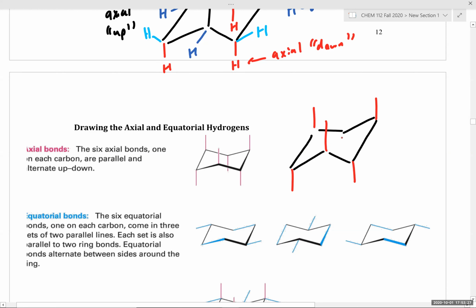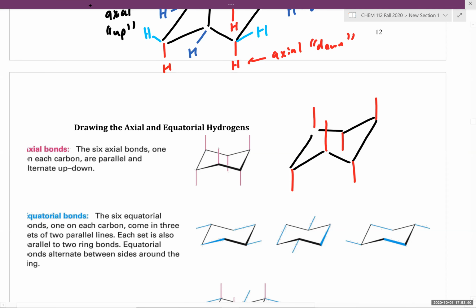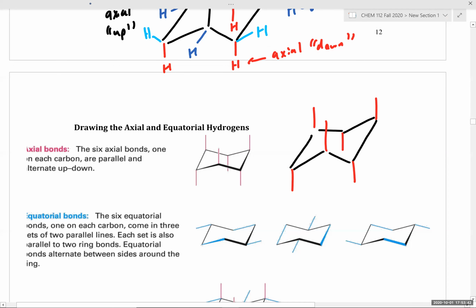And we alternate, with 3 of our axial substituents pointing up, while 3 of our axial substituents are pointing down. To fill in our equatorial bonds, we draw a series of lines that are parallel to our carbon-carbon bonds.